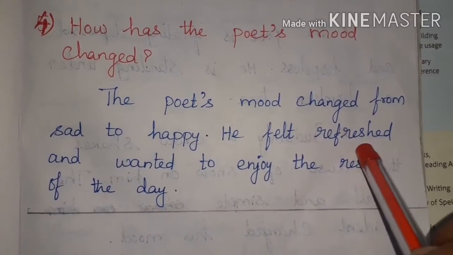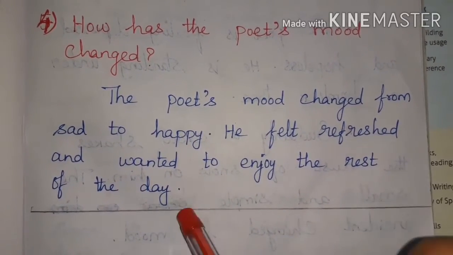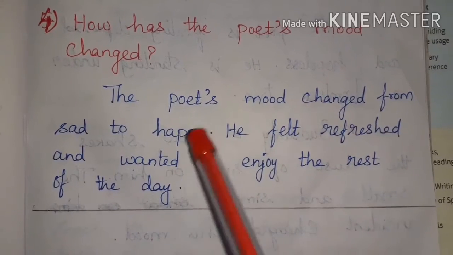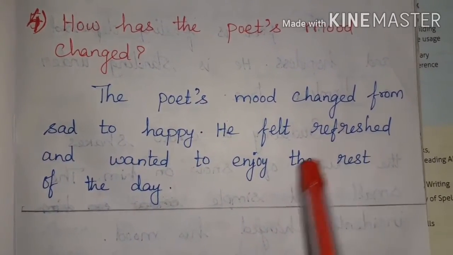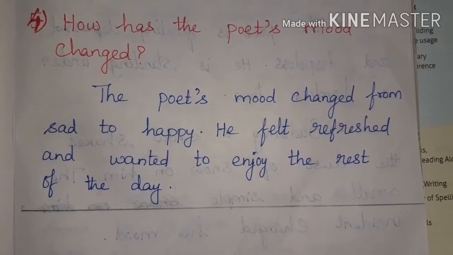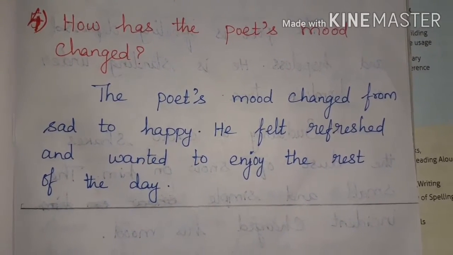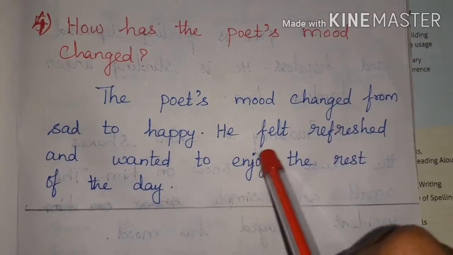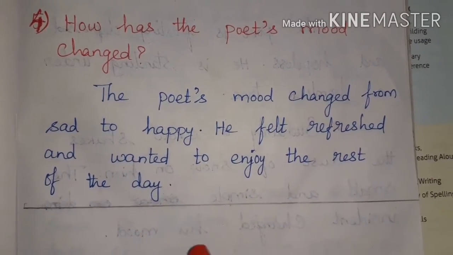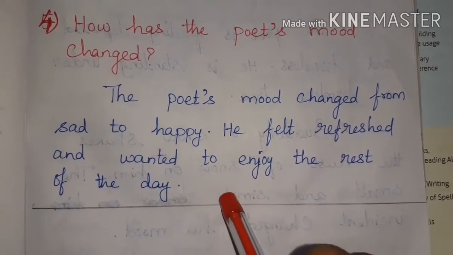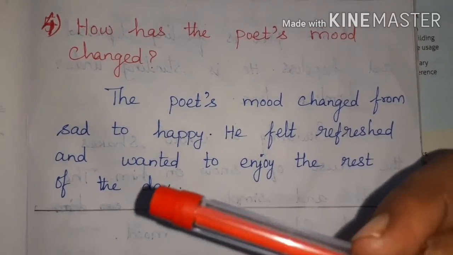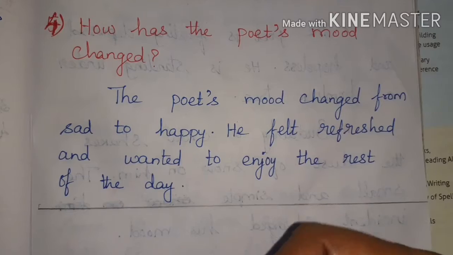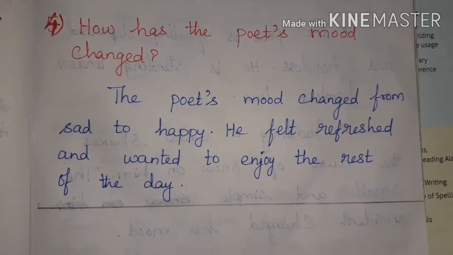Refreshed means, if we feel tired, we feel refreshed when we get a bath, isn't it? Like that, he felt refreshed. He didn't want to be sad the whole day. So after the snowfall, he found that he is going to enjoy.